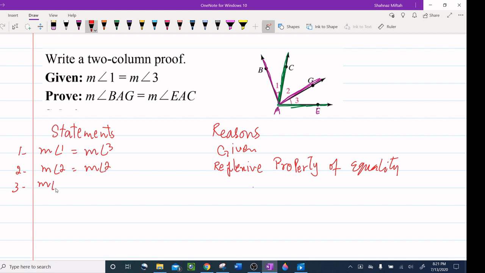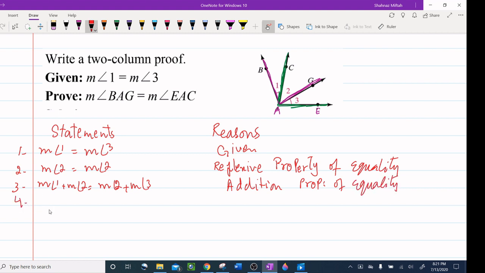So I can say angle 1 plus angle 2 is equal to EAC, and EAC is 2 and 3, so the measurement of angle 2 plus the measurement of angle 3. If you pay attention, that's the addition property of equality. I'm adding 1 plus 2 and 2 plus 3, that's the addition property of equality.